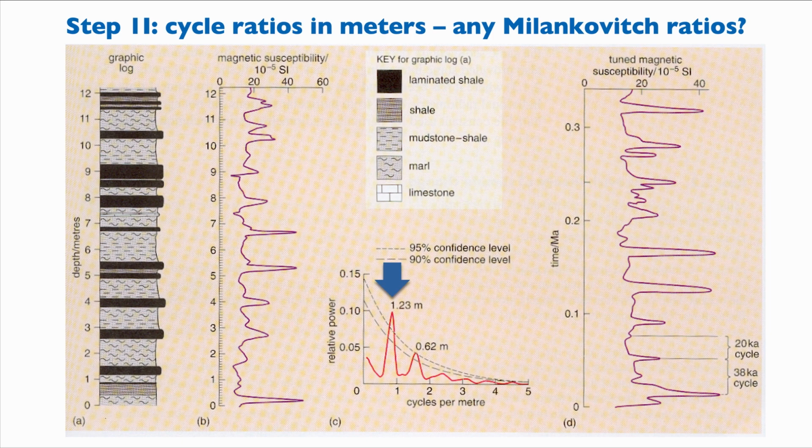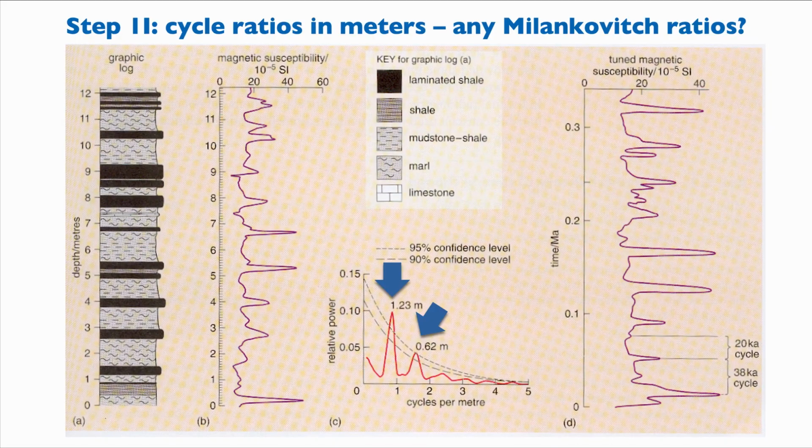And the second is at 0.62 meters. So now doing very simple math, you can see that this corresponds almost to a ratio of 1 to 2. And what Milankovitch cycles occur in a ratio of 1 to 2? Well, for instance, obliquity, 40,000 years, and precession, about 20,000 years, that's a ratio of 1 to 2.